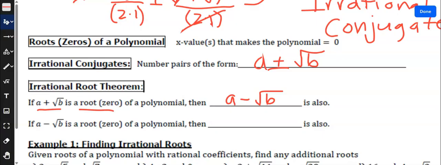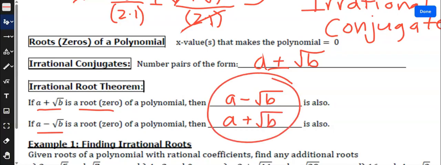It's not a nice number, but at least it's not imaginary. Doesn't have any i's in it. So you could also say if a minus radical b is a root, then so is a plus radical b. So the moral of the story is these things come in conjugate pairs. If you know one, you automatically know the other.